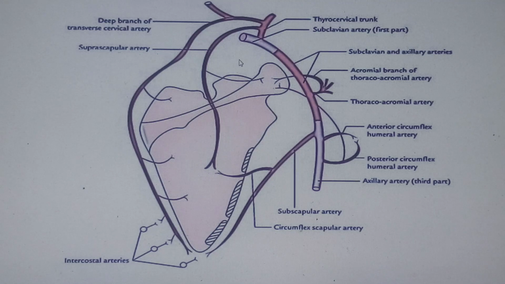Now, what have we seen? We've seen all these are branches mainly coming from the first part of the subclavian artery. So just know them: the suprascapular artery, and of course the deep part of the transverse cervical artery, otherwise called the dorsal scapular artery, giving off branches going toward the medial border of the scapula, not only to the dorsal aspect but also to the ventral aspect.